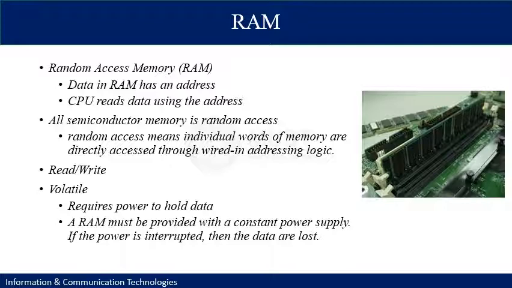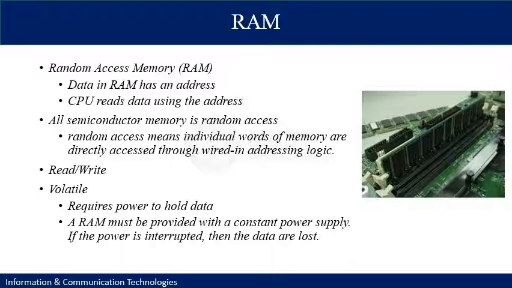RAM is the acronym of random access memory, and the data in the RAM usually has an address associated with each byte. A CPU reads that data using that address, and as specified earlier, each byte has a unique address.